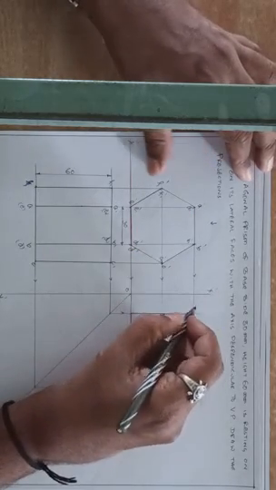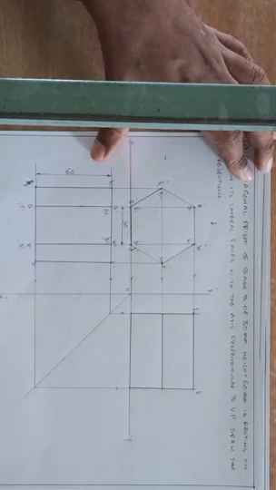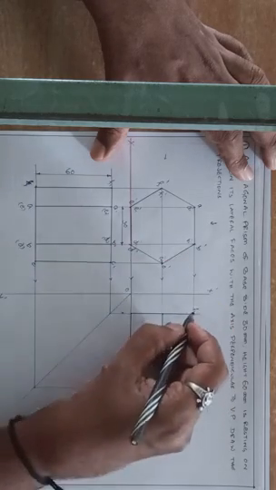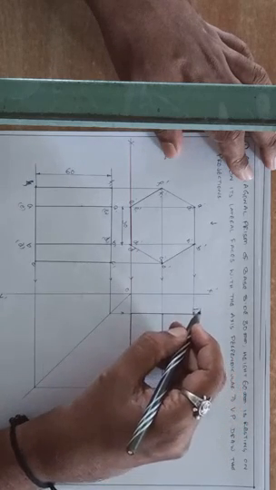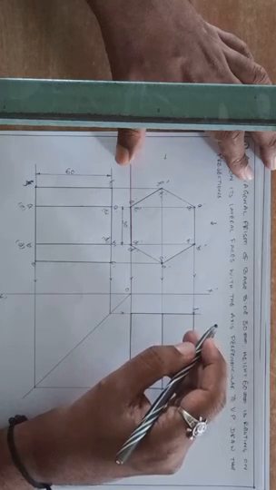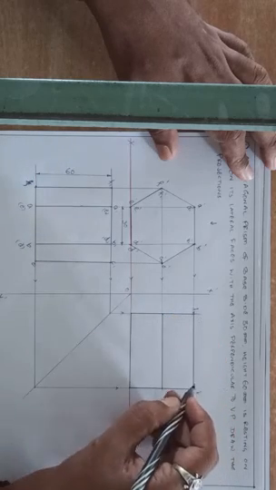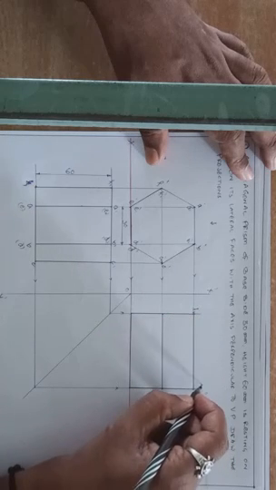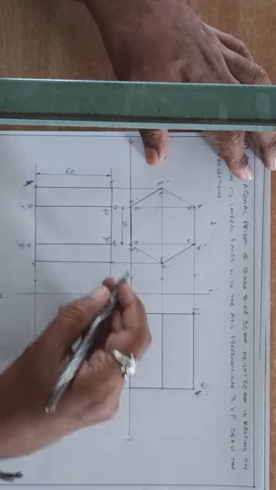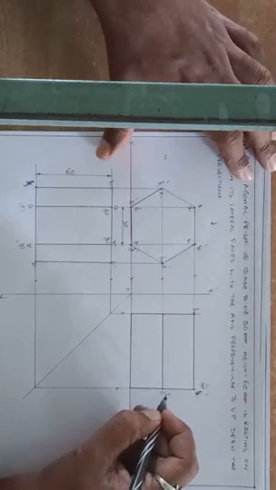So here you can write F1, F. Here visible are A1, dash, B1, dash, bracket, F1, F, dash, F, dash.